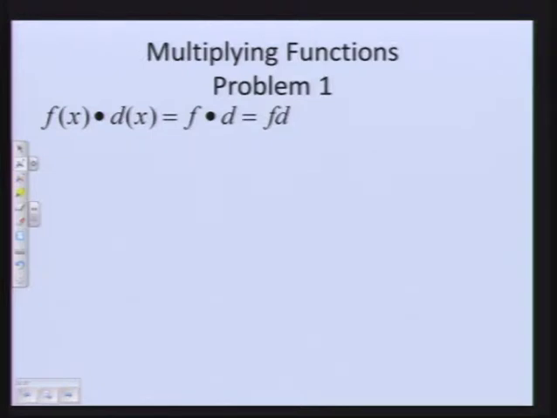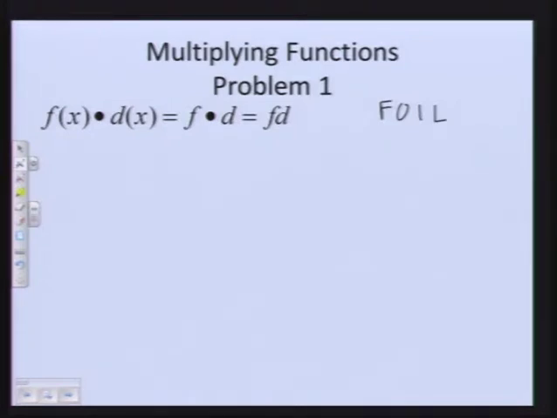Now, let's talk about multiplying functions. Now, in this case, we have to bring in an old friend, at least it's an old friend of mine, I hope it's an old friend of yours, FOIL. We have to make sure that we multiply correctly.